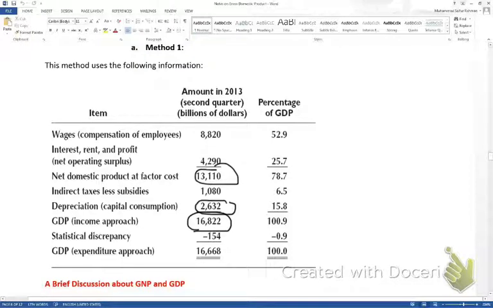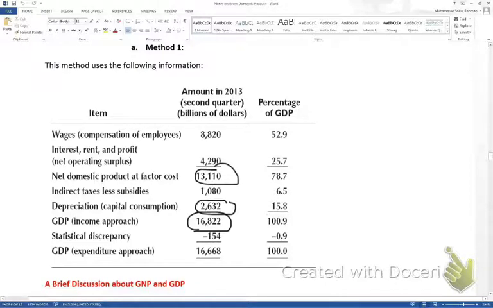Now, sometimes you are going to get some information about the statistical discrepancy. Statistical discrepancy is a way for the government to make up for some of the measurement problems that we have in the GDP calculation, because GDP is not well calculated.